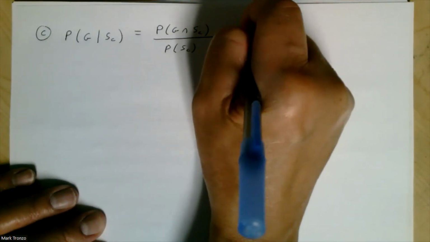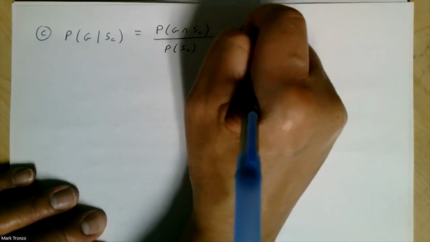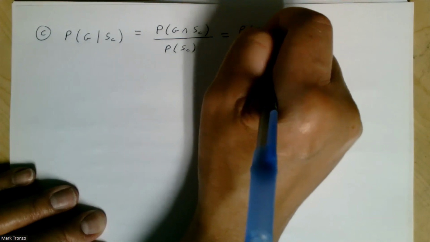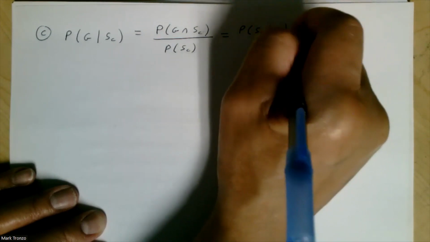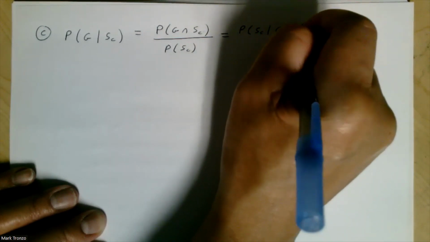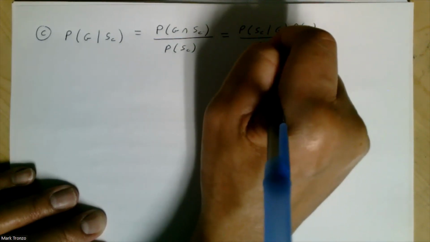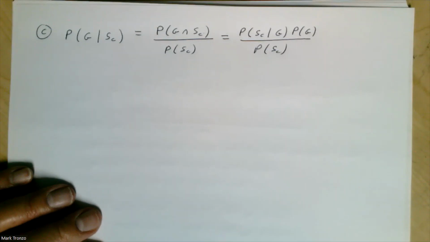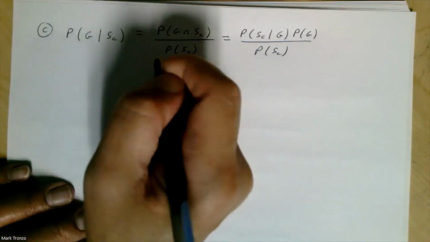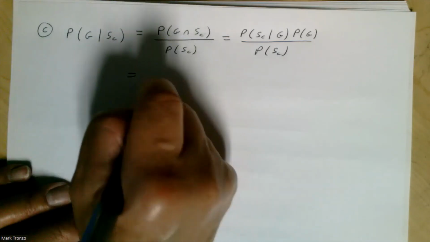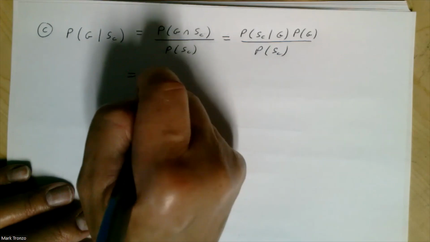So let's do probability scratch given that it's good, times the probability it's good, over probability scratch. And let's plug our numbers in. Again, the denominator we found in part A already, so we can actually write that down.